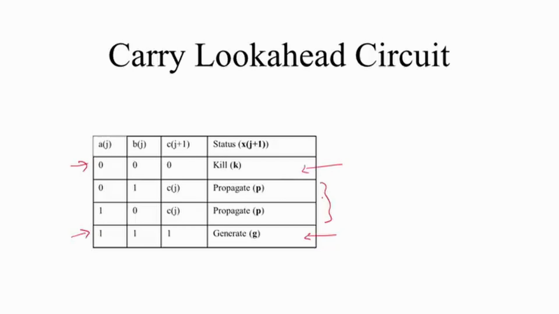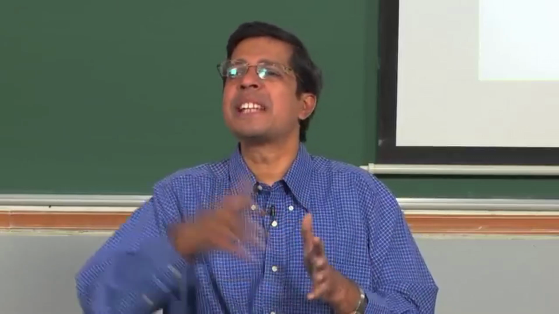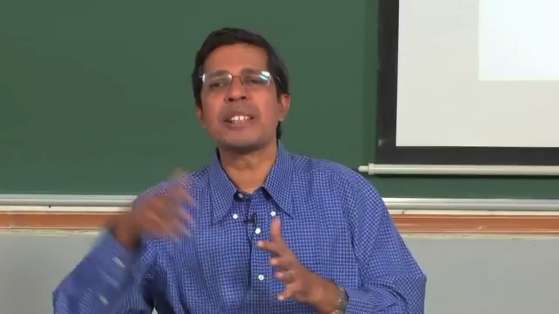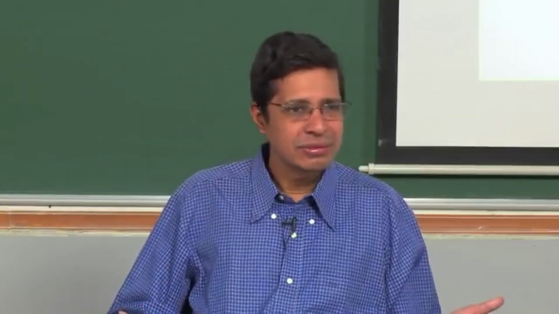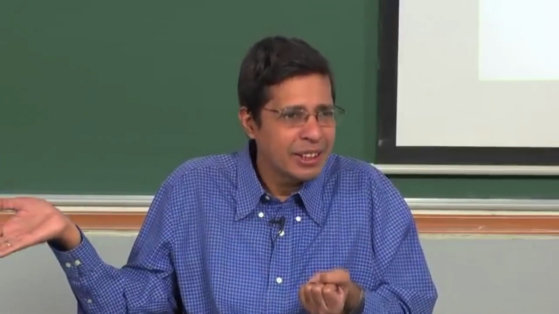The moment I get my inputs, that n bits, A0 to An minus 1 and B0 to Bn minus 1, each stage can immediately understand what would be the status of the carry that it will pass on to the next stage. If it sees both as 0, then the status is kill, it is going to give a 0 as a carry to the next stage.